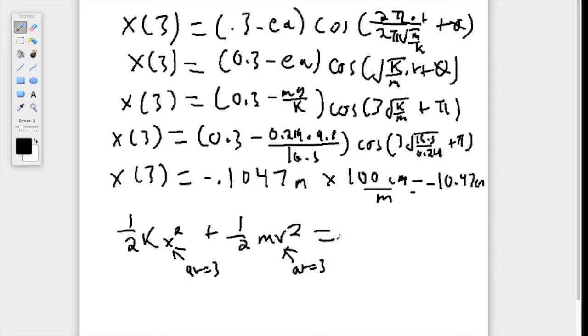And then equals 1/2 kA squared. And then A is just 0.3 minus equilibrium.